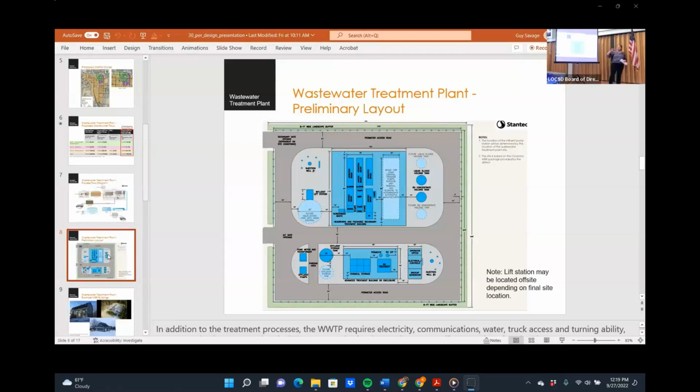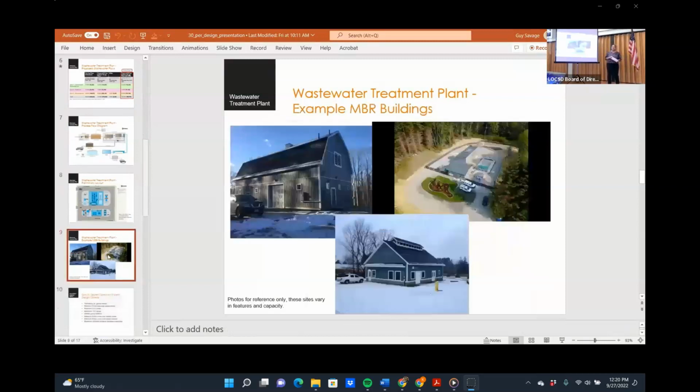So what we do is we lay out a vehicle and lay it on to make sure it can make the turning radiuses. The other aspect to this is there is a buffer of landscaping and fencing around the outside. The key piece is security. You definitely don't want anyone accessing your treatment plant. With that, we can go to the next.